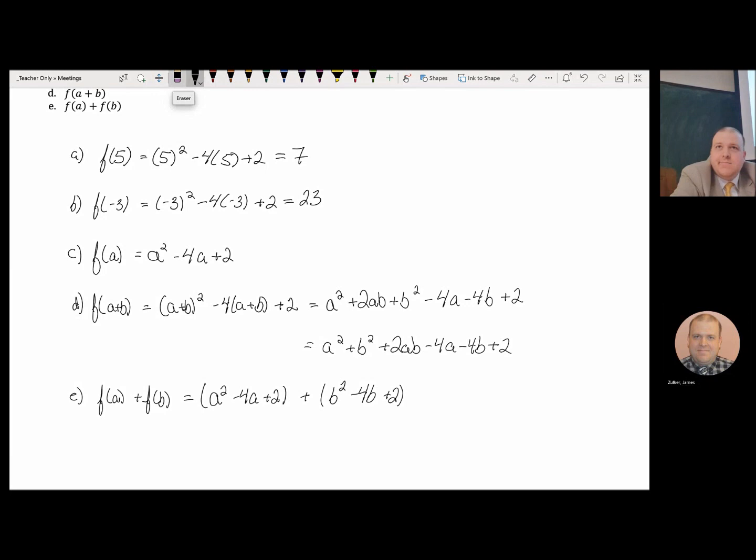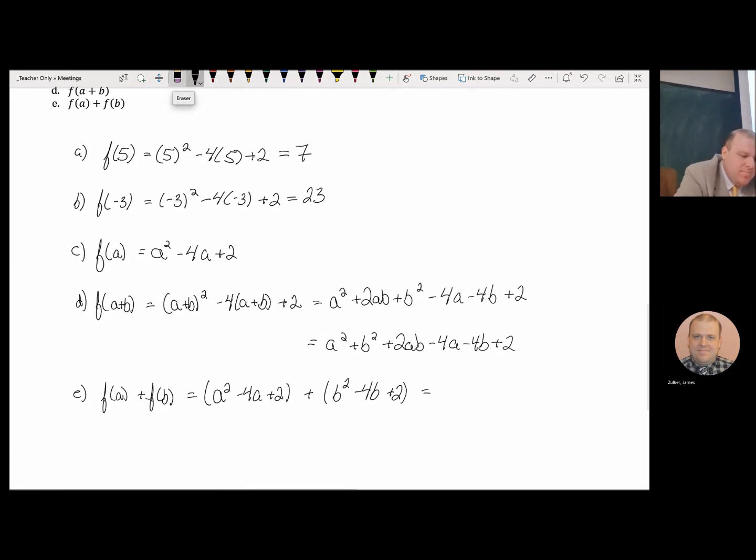Now simplify. Plus 4, right? 2 plus 2. Nothing else can be combined because there are no other like terms. And there you go.